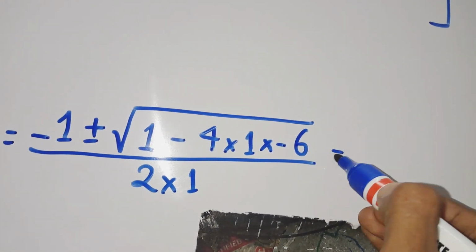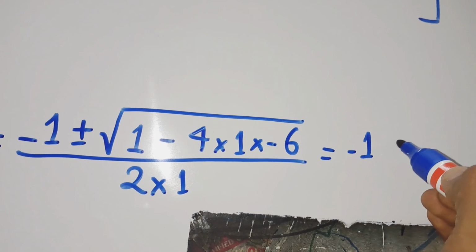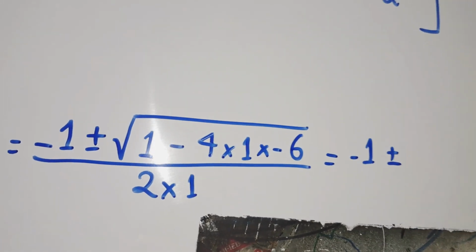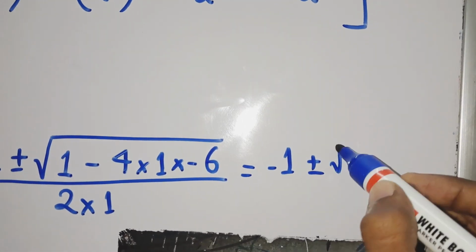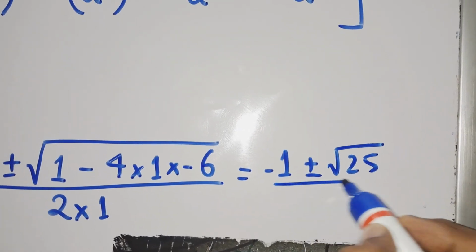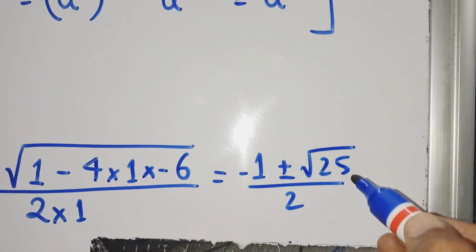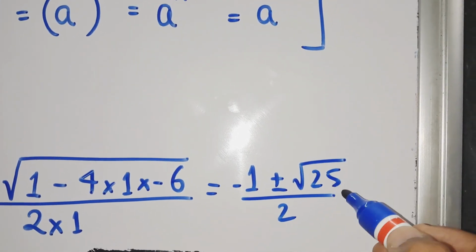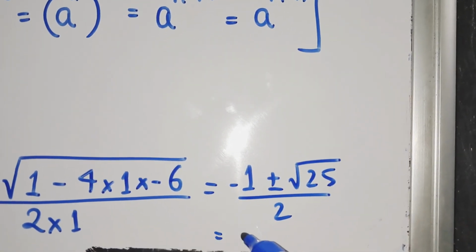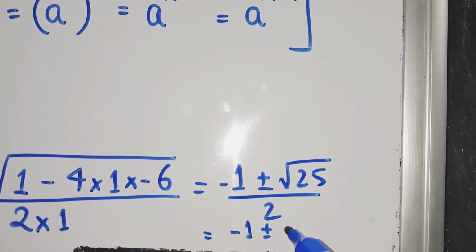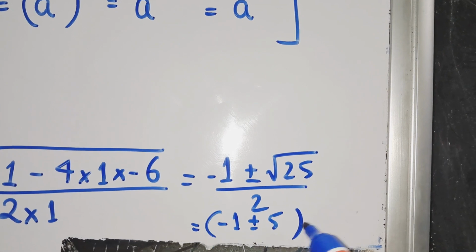It can be simplified a little bit. We will get minus 1 plus or minus square root of 25 divided by 2, and square root of 25 is nothing but 5. So it is minus 1 plus or minus 5 whole divided by 2.